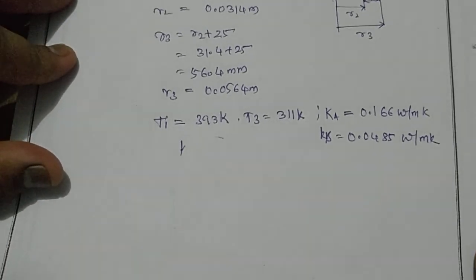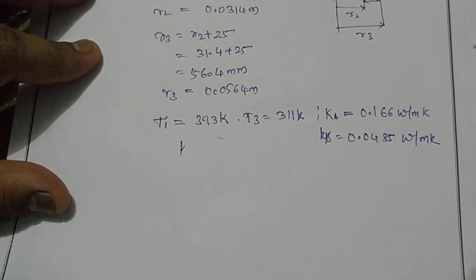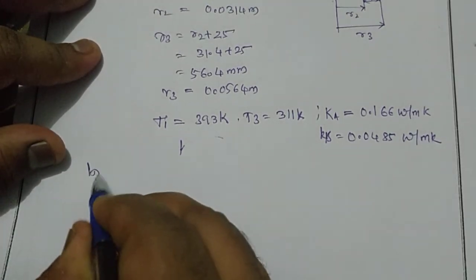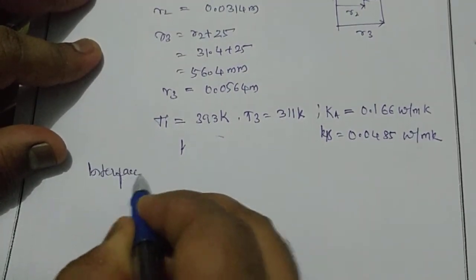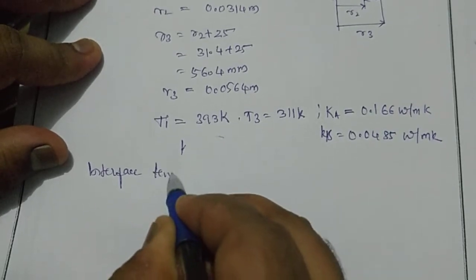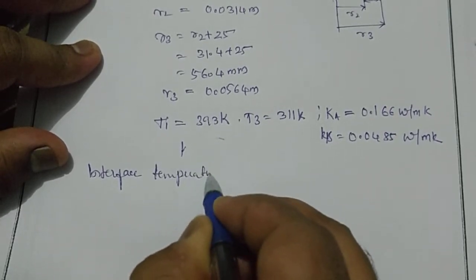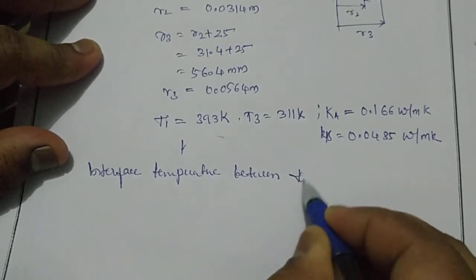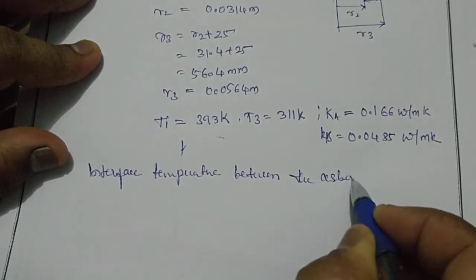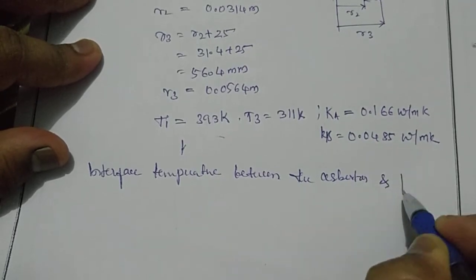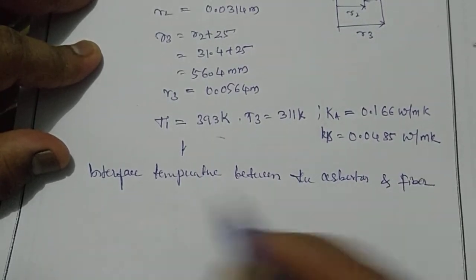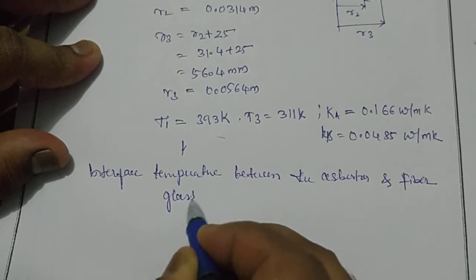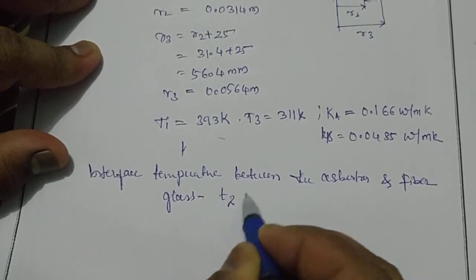First, the interface temperature between the asbestos and fiberglass, that is T2.